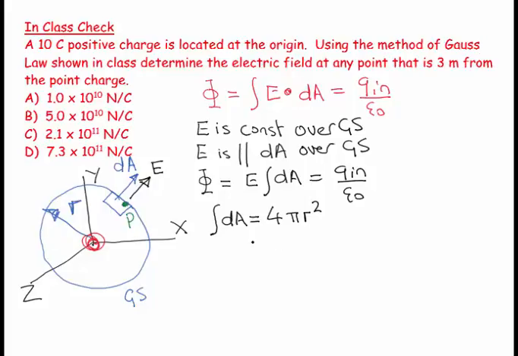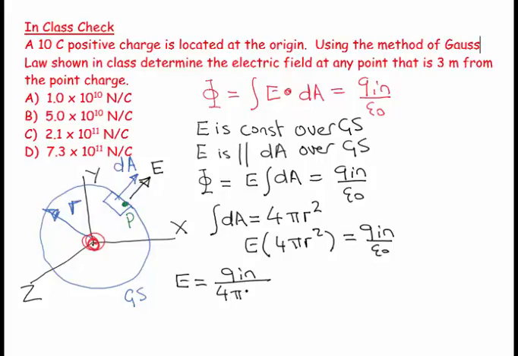So, okay, then E times 4 pi r squared is equal to Q inside over epsilon naught. I want to find just E, so E is equal to the Q inside over 4 pi r squared times epsilon naught. I'm almost there.